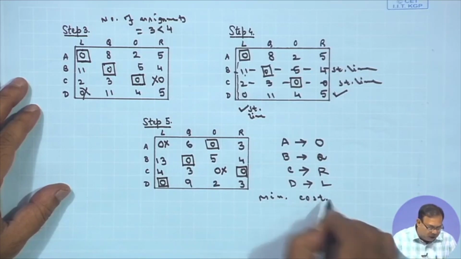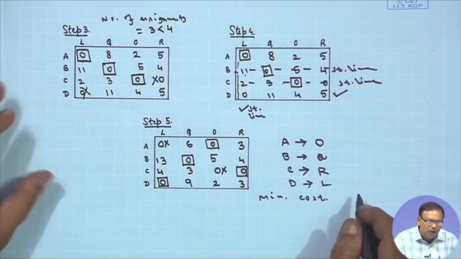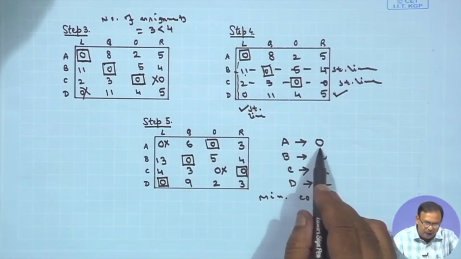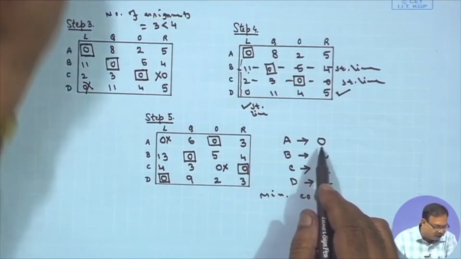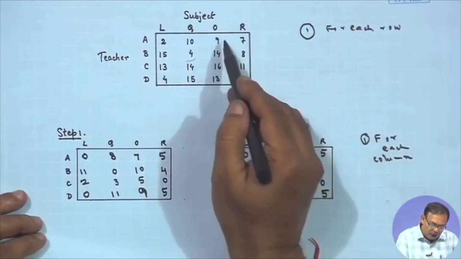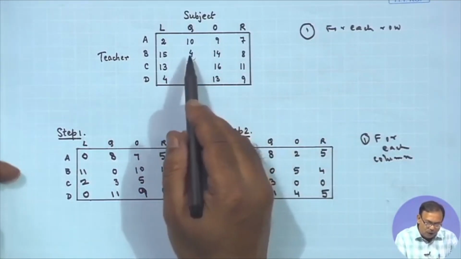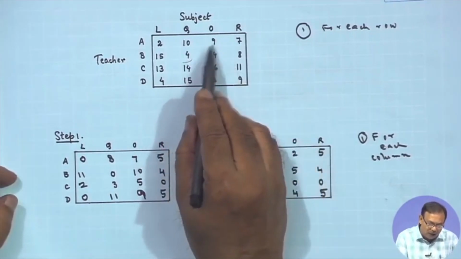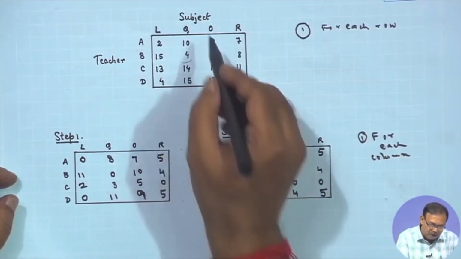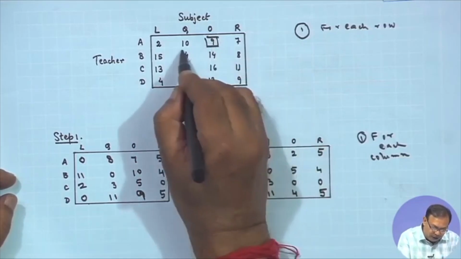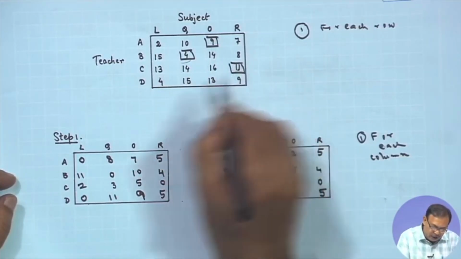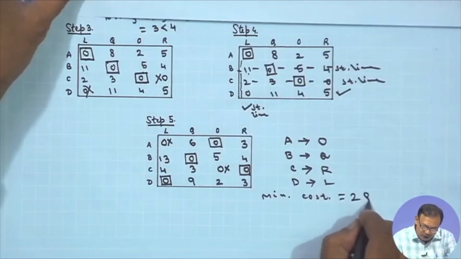For the minimum cost, from the original problem, you can find the corresponding values in these assignments. That is 9 plus 4 plus 11 plus 4, because these were the assignments you made. So, the sum, the minimum cost, will be 28.